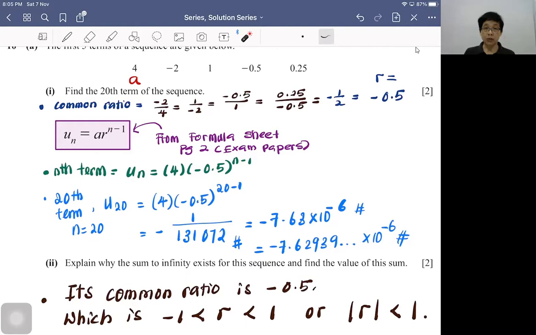Now what you want to do is take another simple step for finding the 20th term. Yes, n equals 20. Substitute n equals 20. There you go.